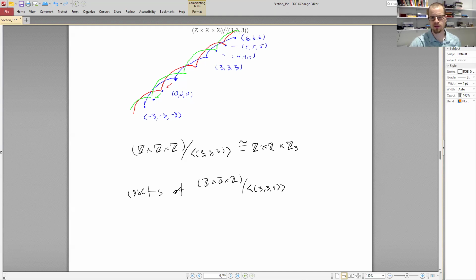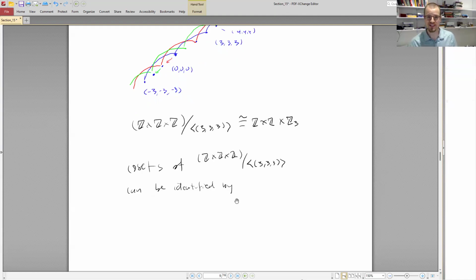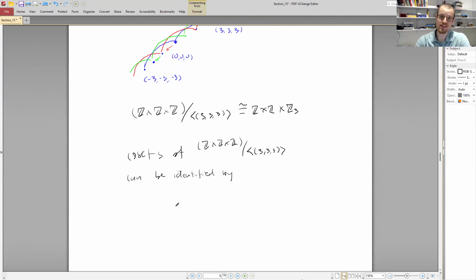can be identified by, as I said earlier in our previous example, exactly where they cross the xy plane, where the z value is 0. But here, there's not actually an intersection. Previously it intersected the xy plane. This time, it doesn't actually intersect the xy plane for all of them.